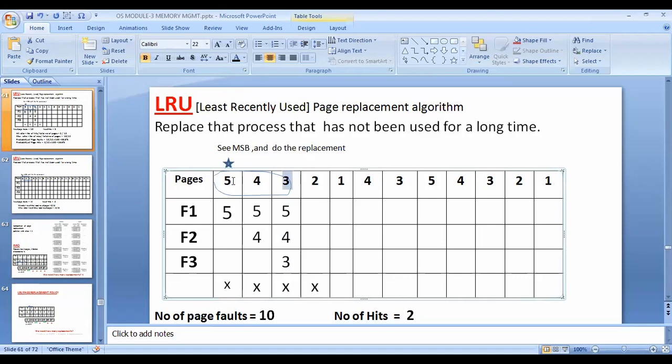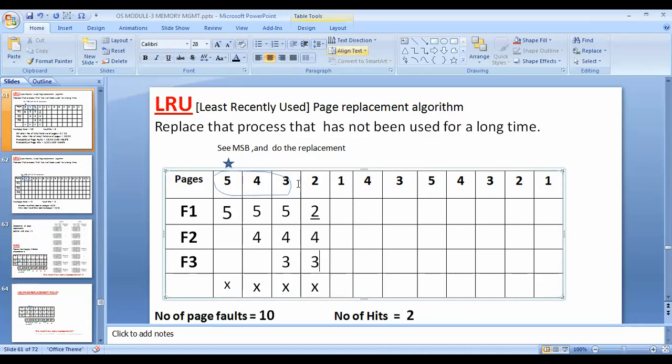So you can just see the MSB position in the page sequence or in the page string. Here the MSB position is for page number 5. Hence, I can replace page number 5 with the new page, that is page number 2, and 4 and 3 are retained as they are.